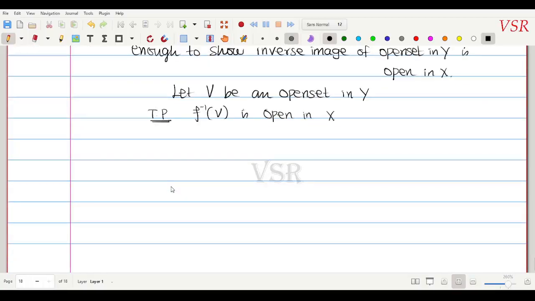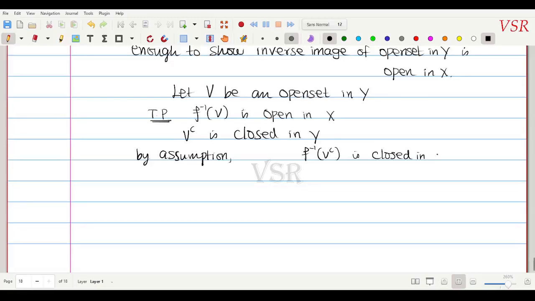அதை சொல்றதுக்கு என்ன பண்றேன்னா, since V is open, V complement is closed in எதுல? Y ல இருக்கும், by assumption. What we are having is f inverse of V complement is closed in capital X. இது யாரு?